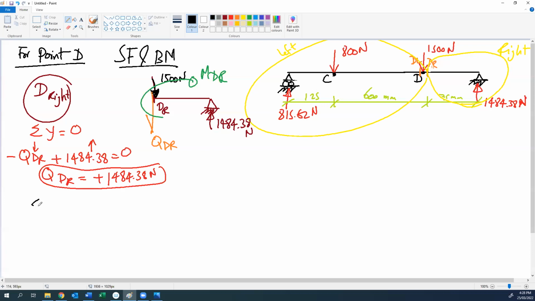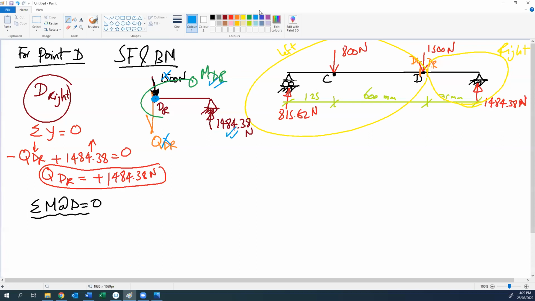We can apply summation moment at D to get the moment MD right. If I apply the moment at D equal to 0, 1500 doesn't have moment, QDR doesn't have moment, so we will have only the reaction and MDR.